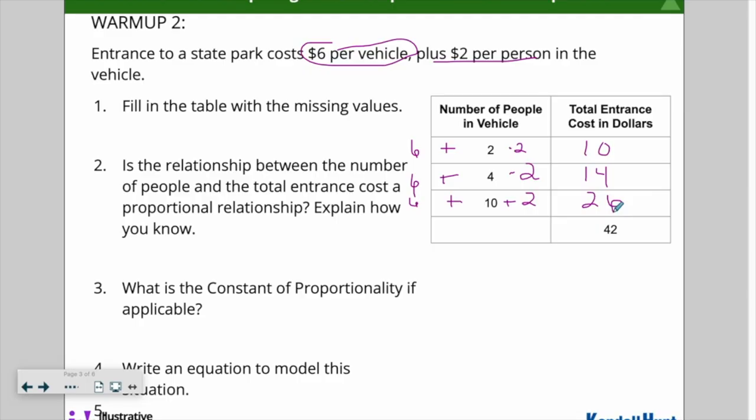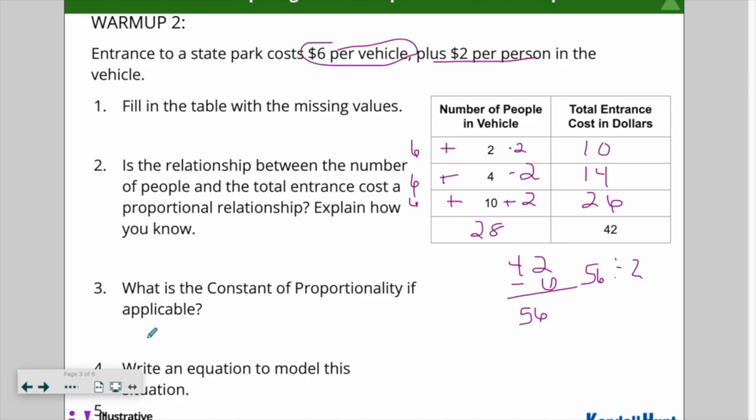Now to find the number of people, 42 is the total cost, but that's including the $6 per the vehicle. So for the people then, we paid $56. And then $56 divided by the $2 per person gives us 28 people.